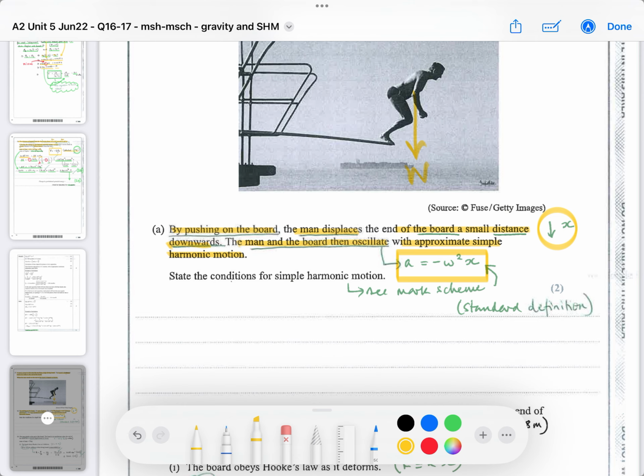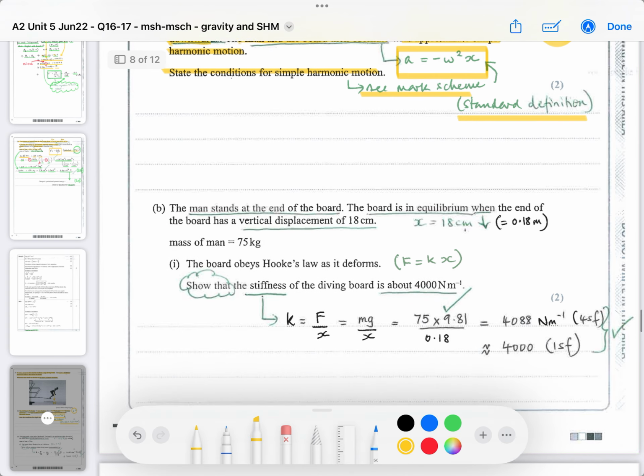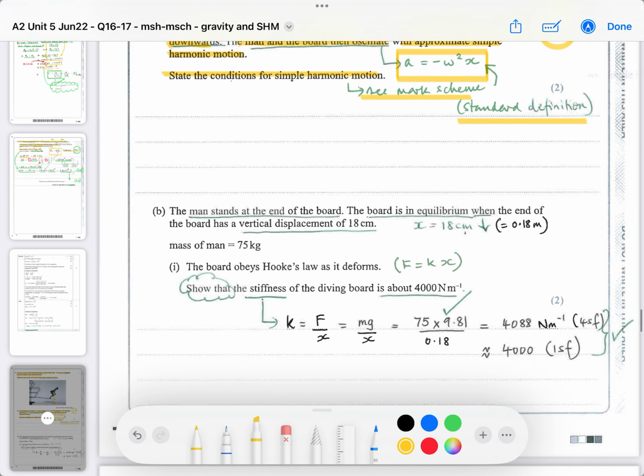They want you to state the conditions for simple harmonic motion. Well, you can just see the mark scheme because this is a standard definition, and I was just short of time. I haven't handwritten it out, but we'll have a look at the mark scheme in a minute. That's a 2 marker. But basically this equation defines simple harmonic motion. a is directly proportional to x in the opposite direction.